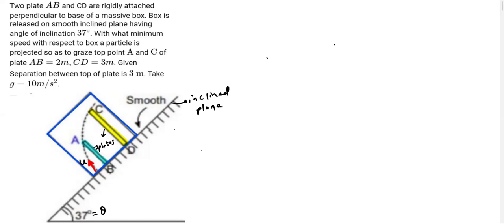Okay, now what are the conditions? How to manage this? Is it really a relative projectile? Yes, you can make it a little simplified. Let us resolve this acceleration due to gravity, g, into two parts.